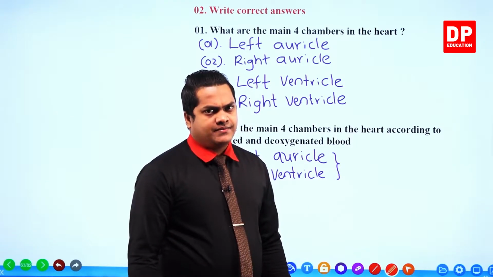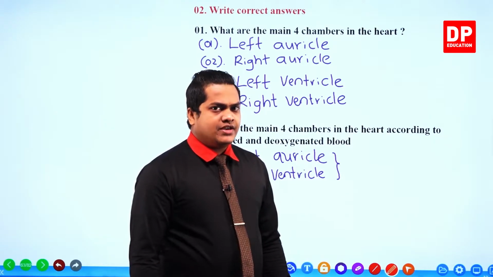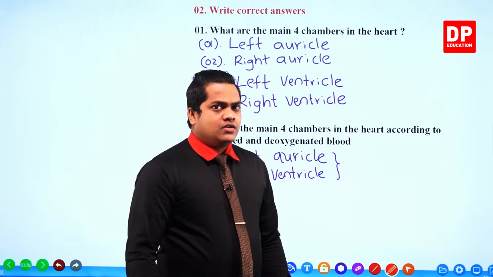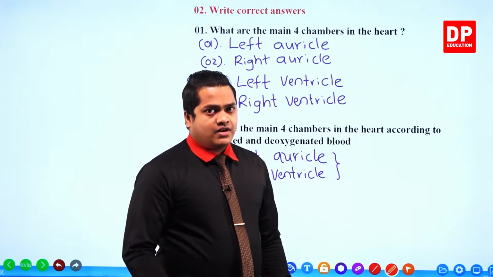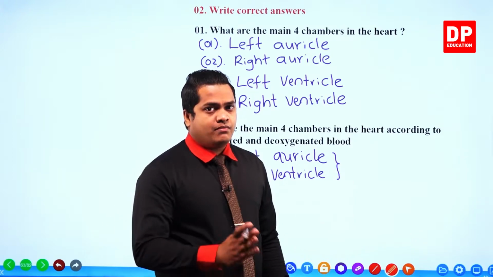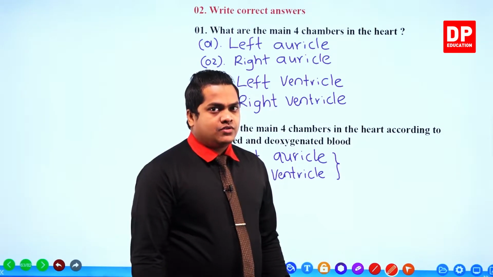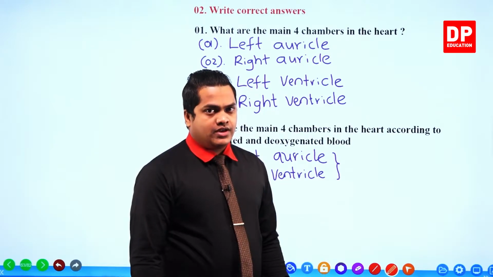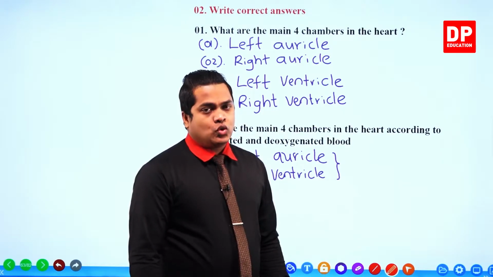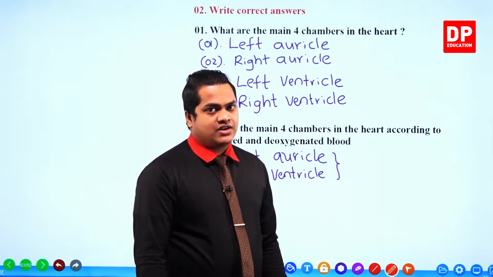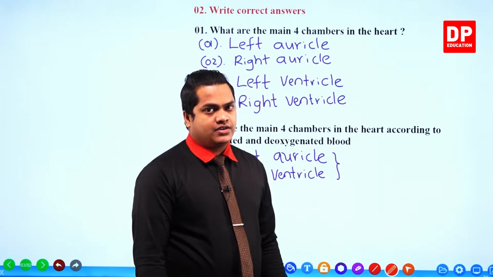What is the reason? It's because the vena cava is going to distribute blood to the right auricle, and those are deoxygenated. Then those things are getting transferred to the right ventricle.